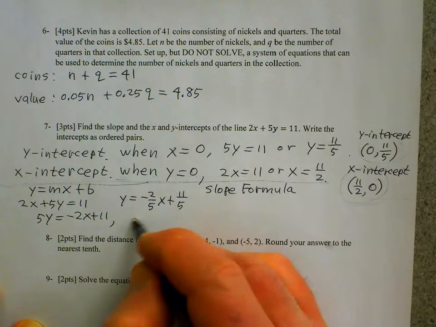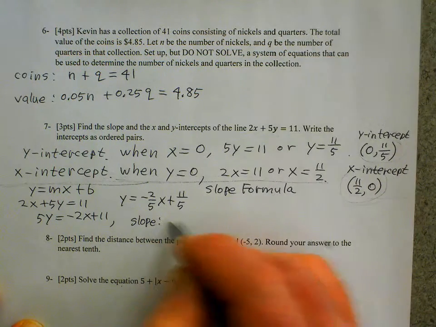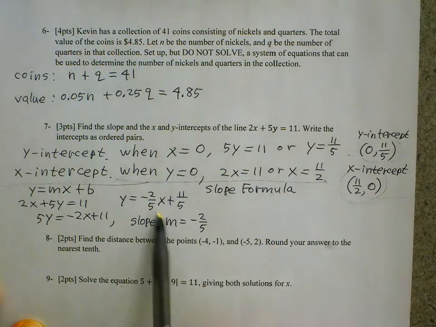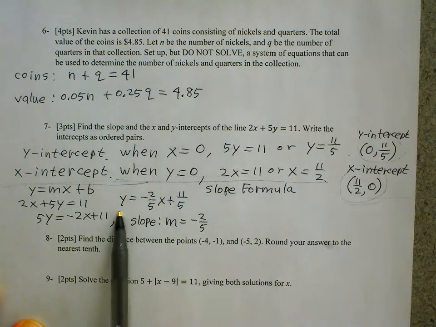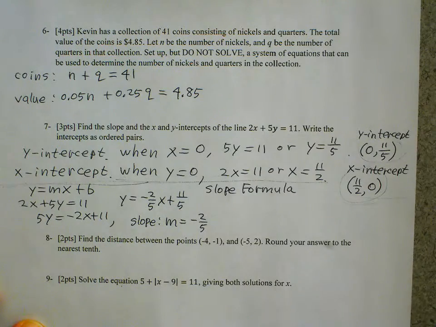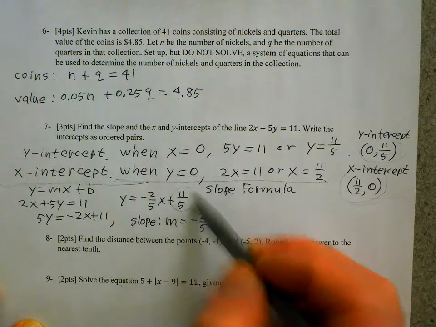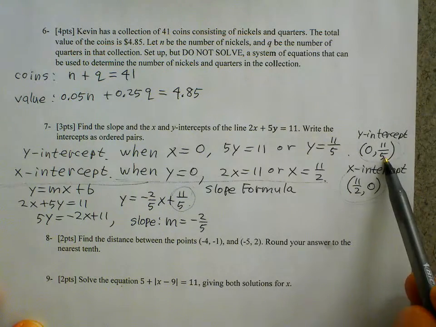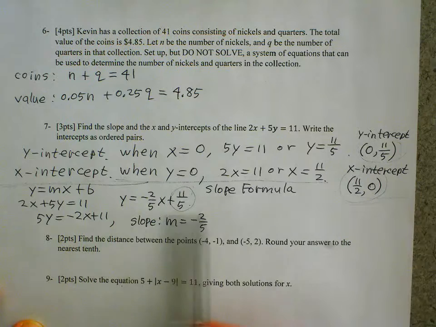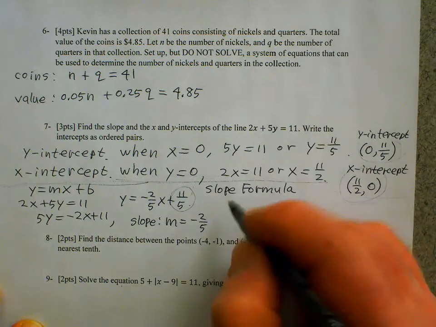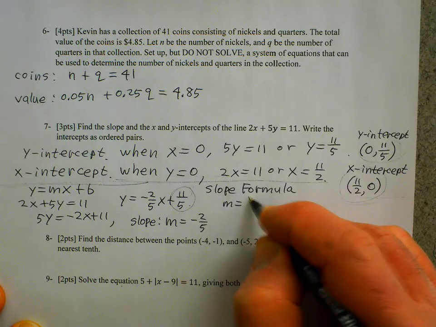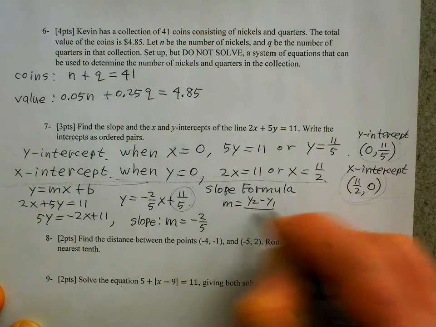So the slope is m equals negative 2/5, the coefficient of x, when it's in the form y equals mx plus b. And incidentally, note that 11/5 is the y-coordinate of the y-intercept, which is why they call this the slope-intercept form. Okay, the slope formula: m equals y2 minus y1 over x2 minus x1.